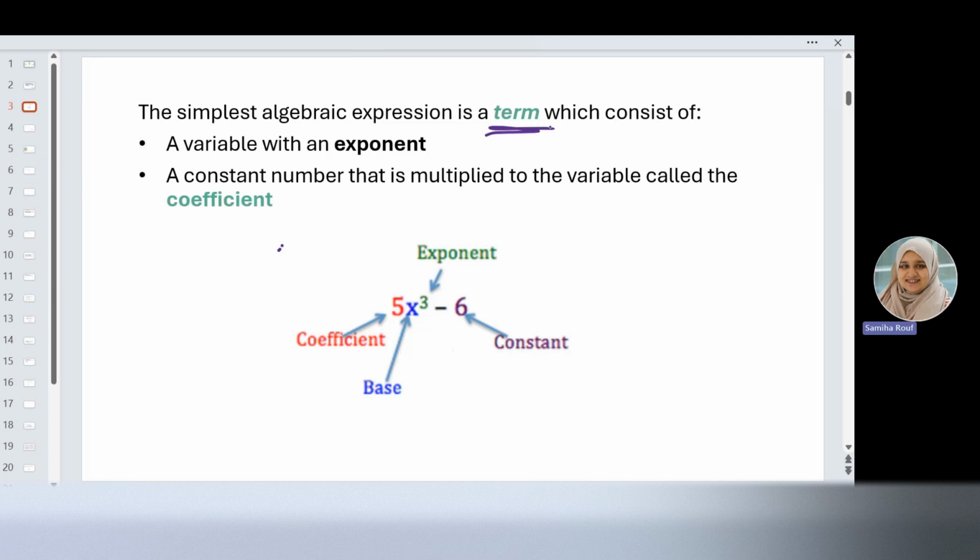Every term will have a base variable, which includes an exponent. As you can see here, our base variable is x, and its exponent is 3.